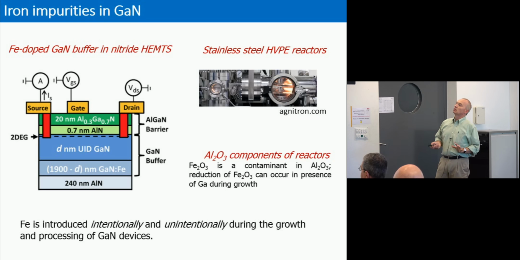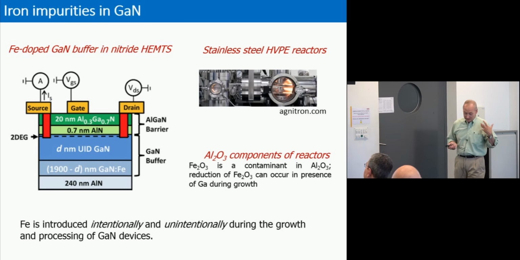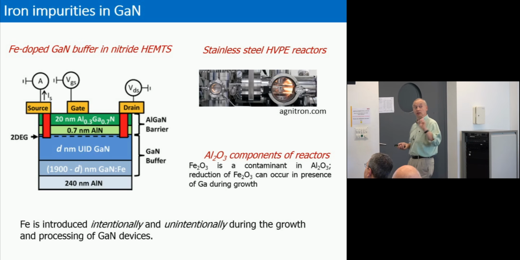So we were wondering about transition metals in gallium nitride because we hadn't really heard much about their role in non-radiative recombination. And when we started looking, it turns out that transition metals are actively used in the production of some types of gallium nitride devices. Not light emitters, but transistors.